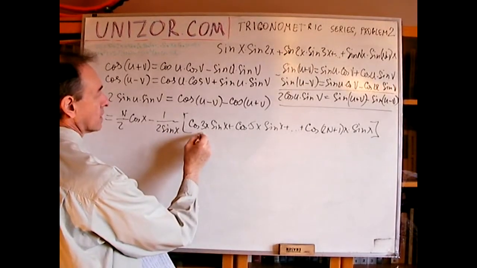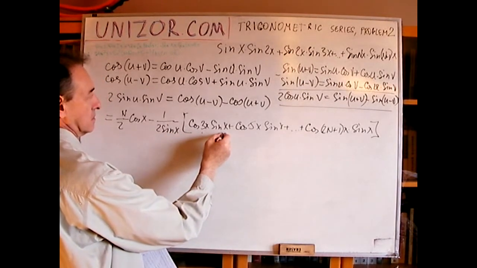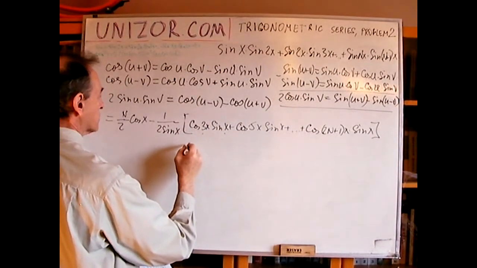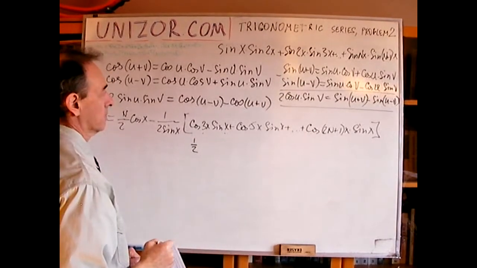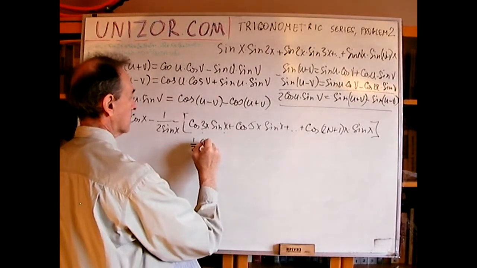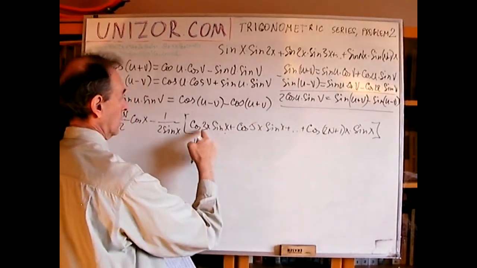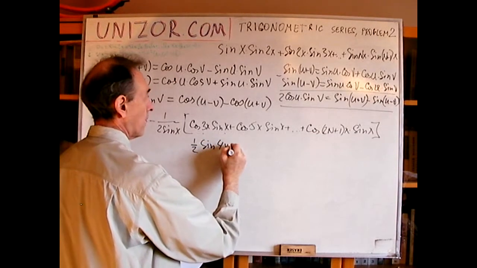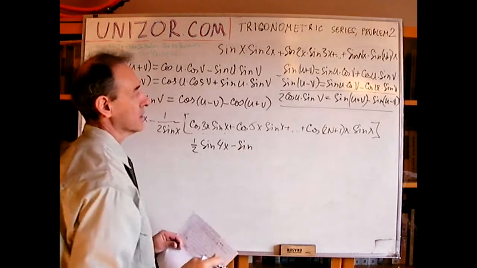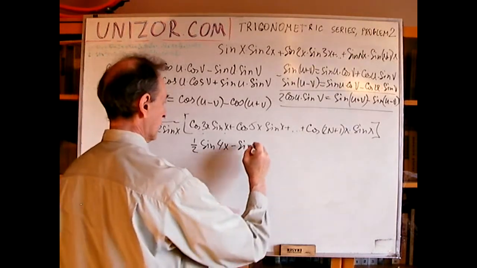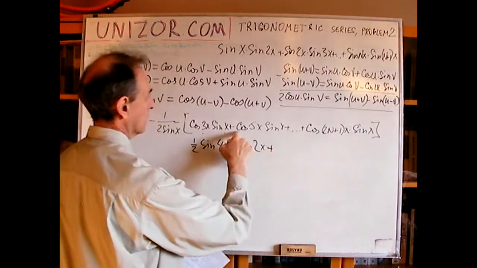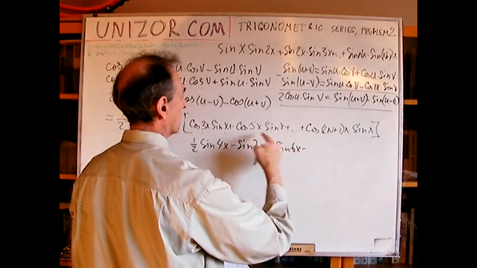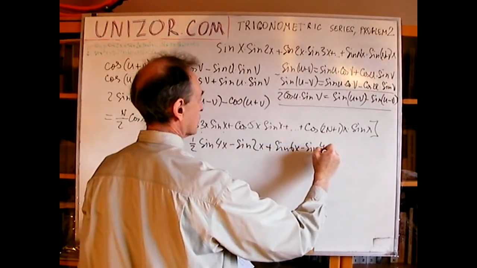Now, u is 3x, v is x. And there is a 2 here, so I have to substitute 1/2 of sine of their sum, which is 4x, minus sine of their difference, which is 2x, plus 1/2 of sine of their sum, which is 6x, minus sine of their difference, which is 4x.